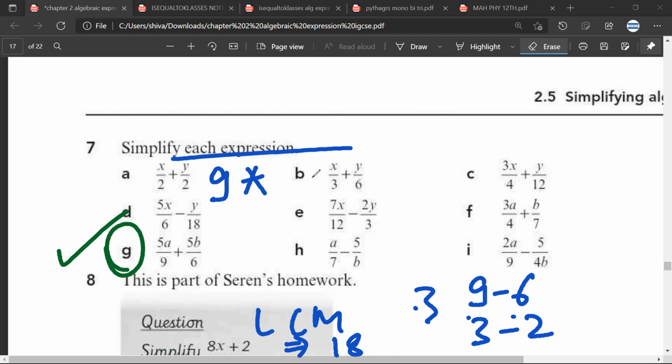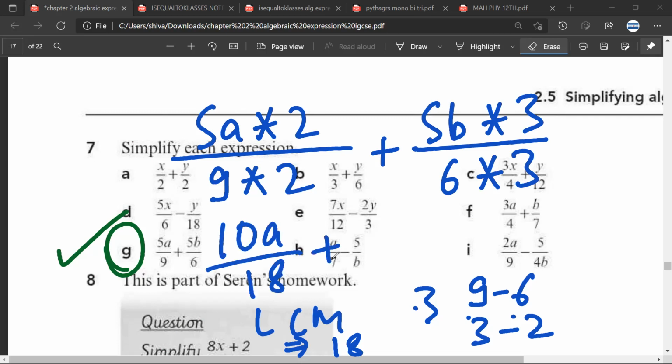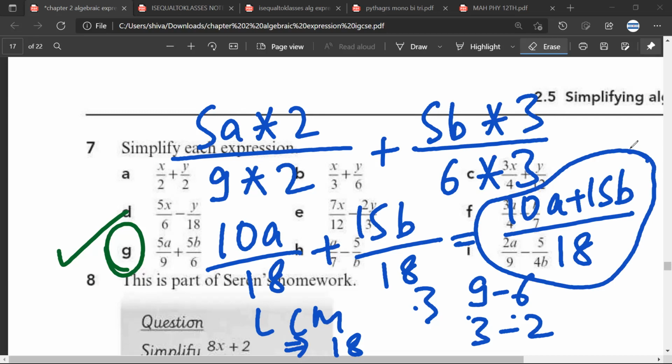Then we have to multiply 2, then 5a into 2 plus 5b into 3. Then we have to do 10a upon 18 plus 15b upon 18. So 25 upon 18. Ariman, is it correct? Yes, sir. Mr. Sarthak, is it correct?